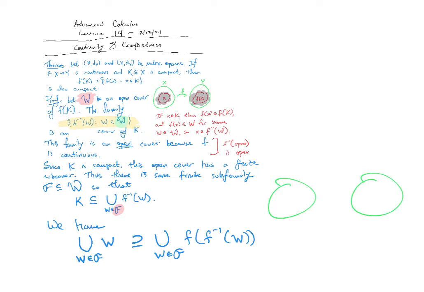Oops. So here's the thing, W might not, let me do it this way. That's the image f of K. A particular W would be an open set over there in Y. That's Y. Okay.